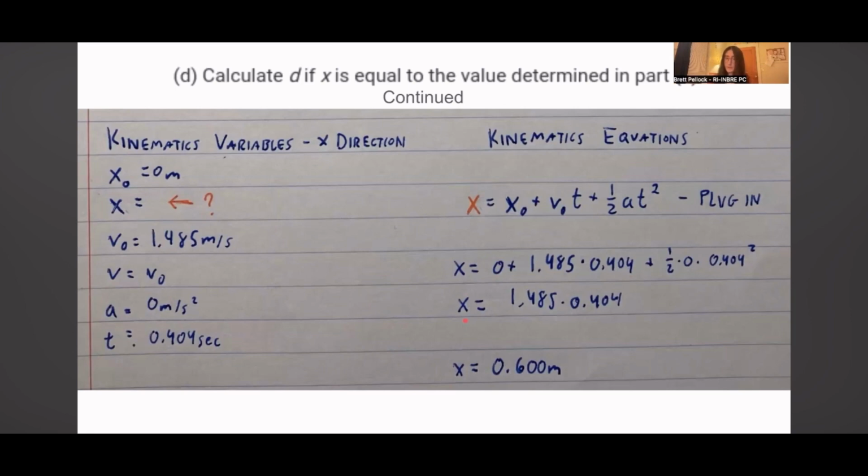Plug that into your calculator and you will find that x, which I denoted as d here because the problem asked for d, the distance that the two blocks will travel before hitting the ground, is equal to 0.6 meters. That is the end of part D of FRQ 3.